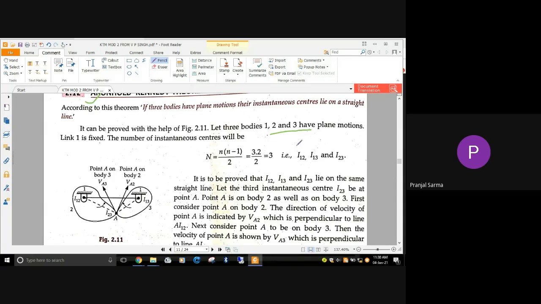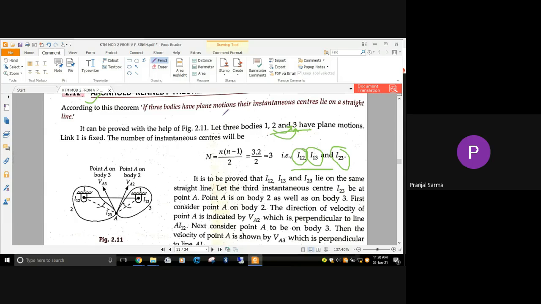Between one and two, we have I12, the instantaneous center between one and two. Between one and three, we get another instantaneous center, I13. Similarly, between two and three, we get I23. So by simple observation, for three bodies, we can see there are three different instantaneous centers.